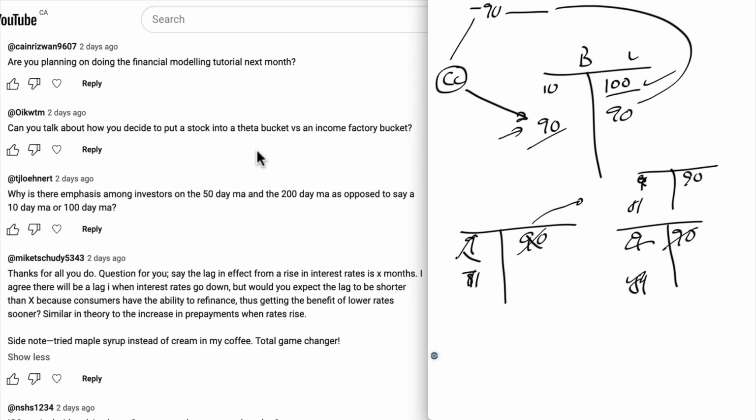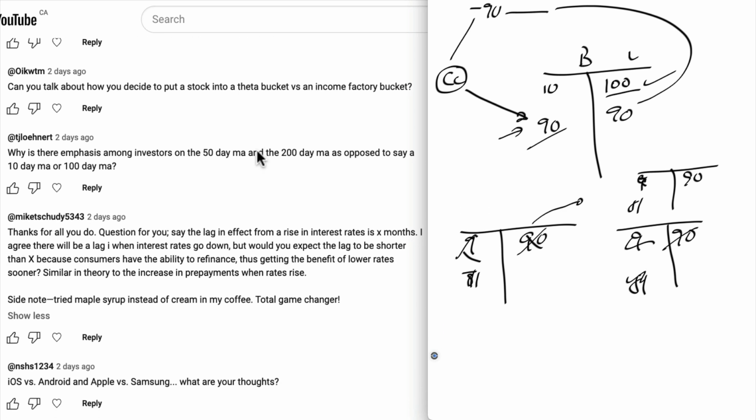Well, okay, I see what you're saying, that there'd be an asymmetry in the lag, that rising interest rates would take longer to take effect, but dropping interest rates would be faster. Okay, I can accept that it would be asymmetric, but I think there'd still be some lag effect. I just don't know what it would be.